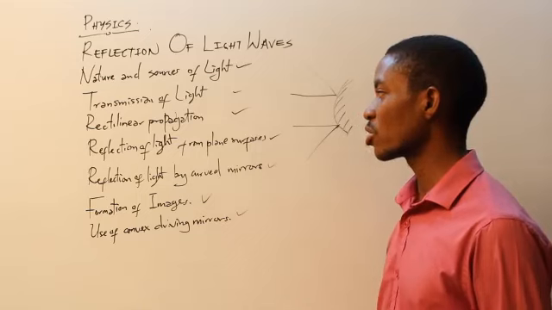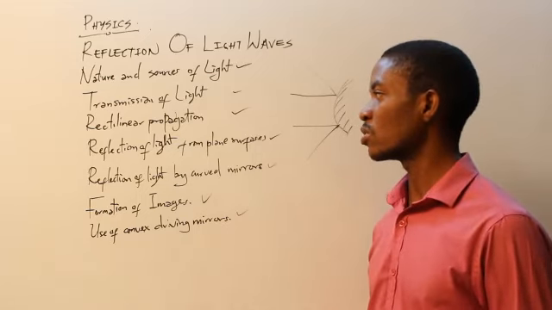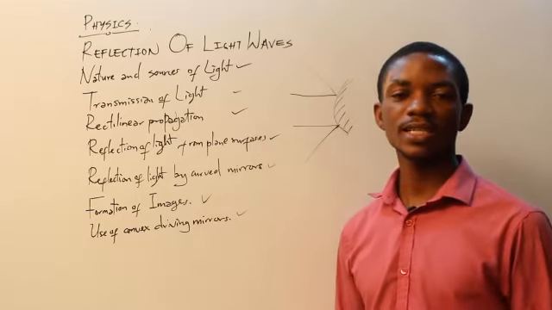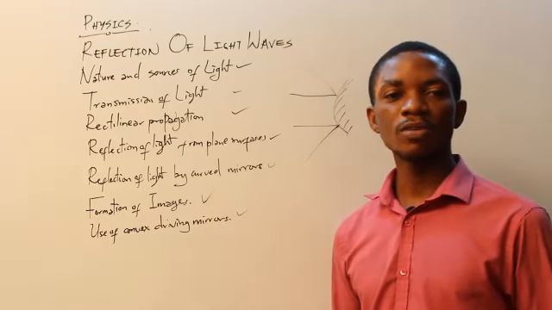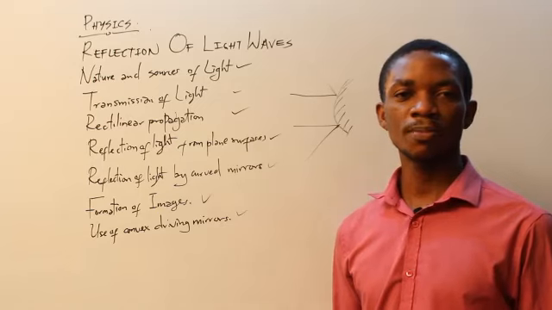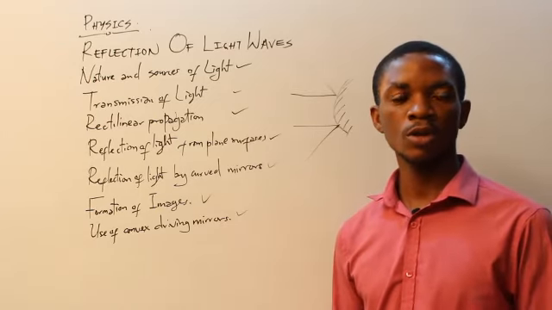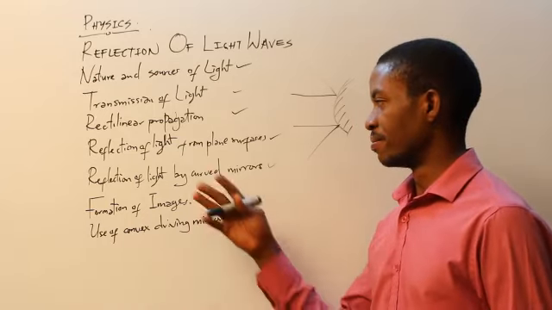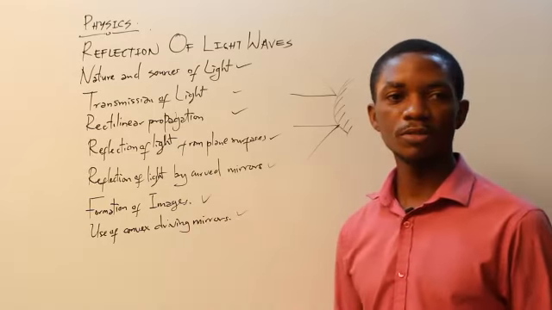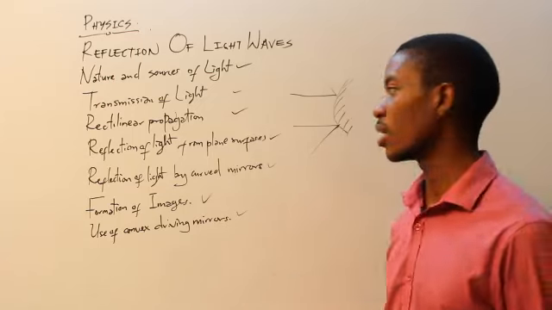We talked about the reflection of light from plane surfaces, that is, straight mirrors. We looked at the number of images that will be created when two mirrors are placed side by side at angles between them.